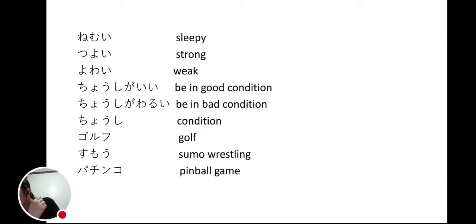Just a moment. That condition is your state of health, your condition. Choshi is condition, or state of health.